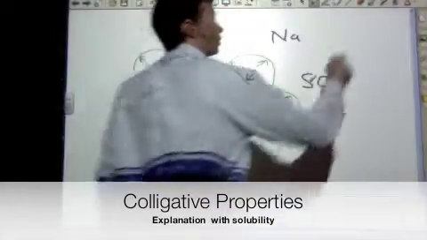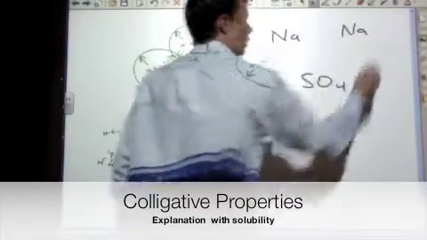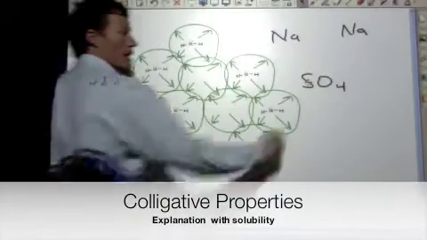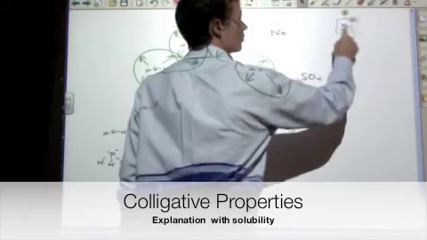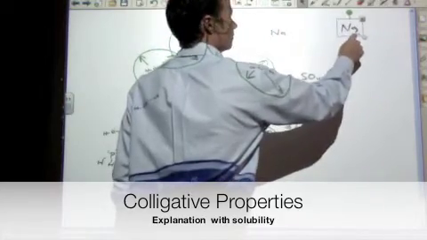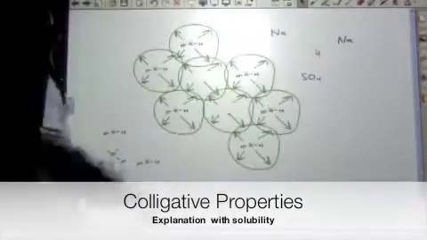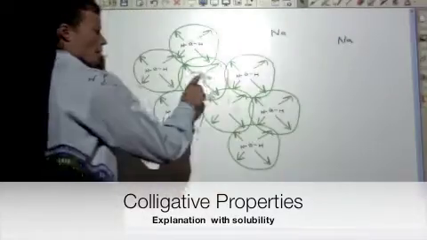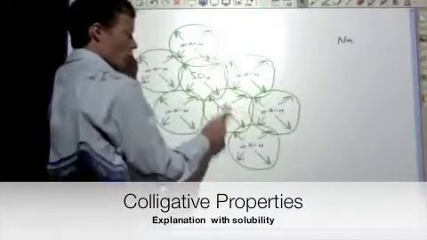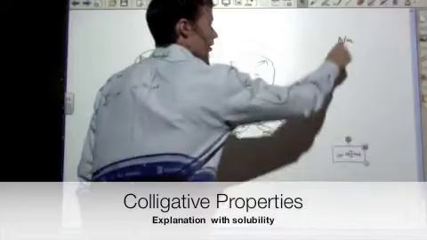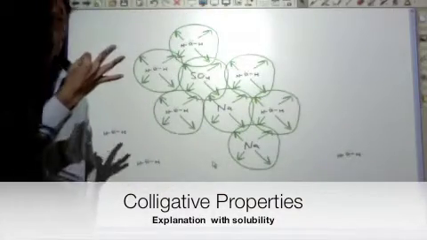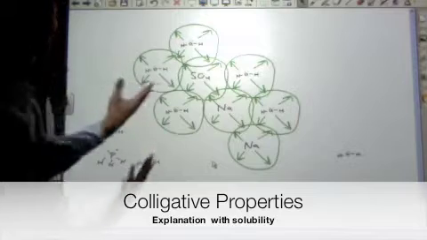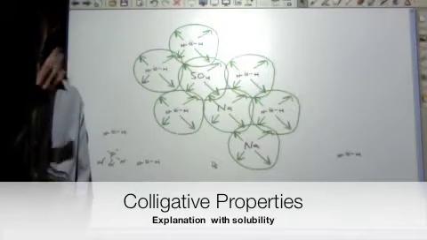The sodiums will separate, and so I'll have 2 sodiums, and I'll have the sulfate. So now when I throw this into solution, I've got a spot for the sulfate, I've got a spot for the sodium, and I've got to kick out another water molecule and get the other sodium in there. This time I've got 3 going into the solution, so that factor, that N factor, is 3.